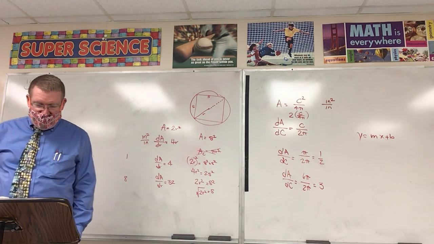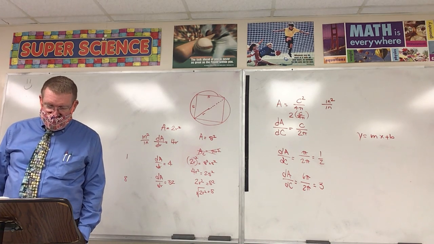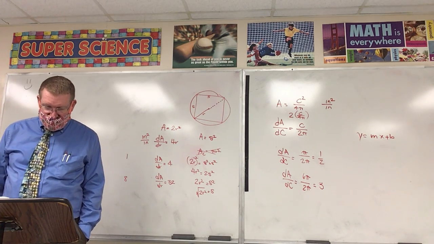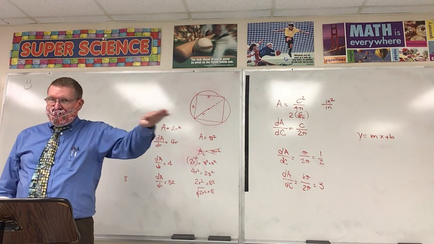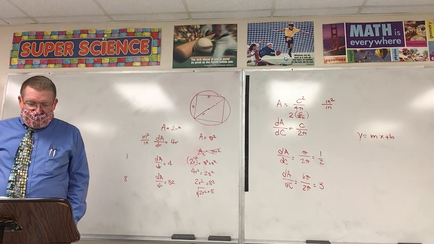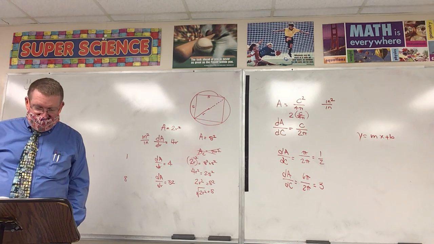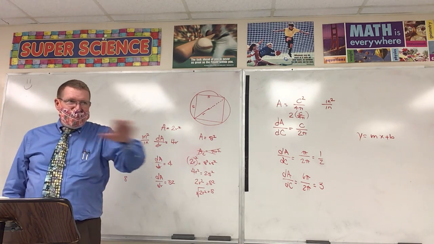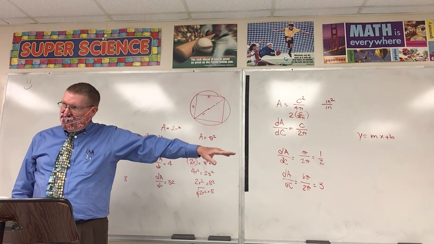Particle P moves on the number line shown in part A. The accompanying figure, part B, shows the position of P as a function of time. So the particle is moving along the number line like this. When is P moving to the left, when is P moving to the right, and when is it standing still? Again, if I have a positive rate, I'm moving right. If I have a negative rate, I'm moving left.